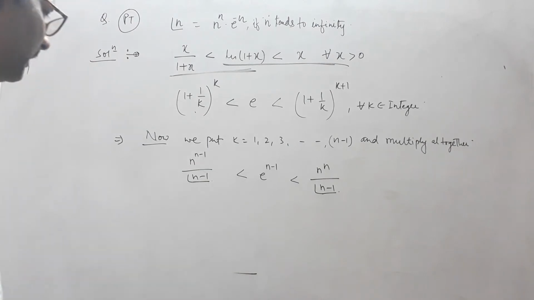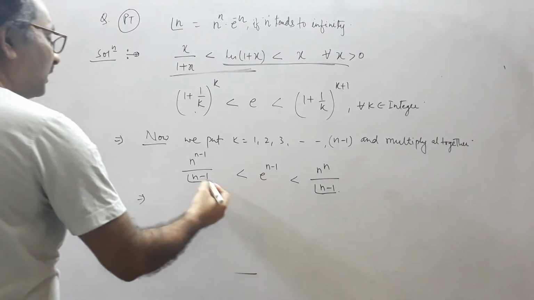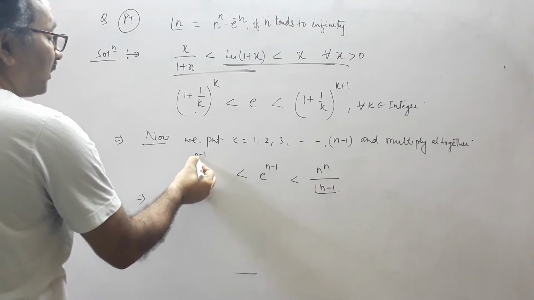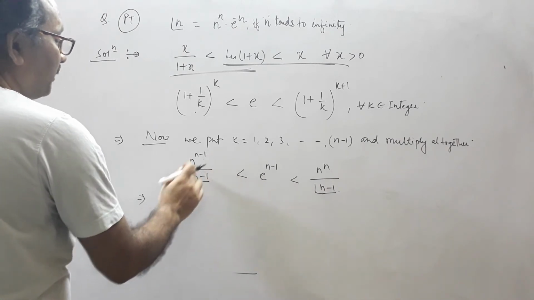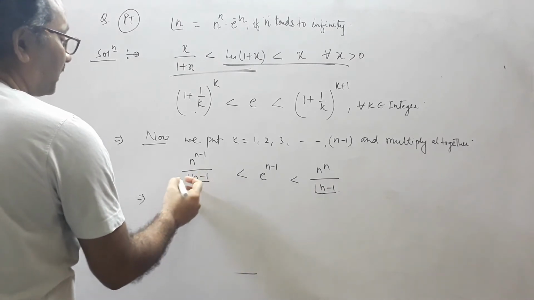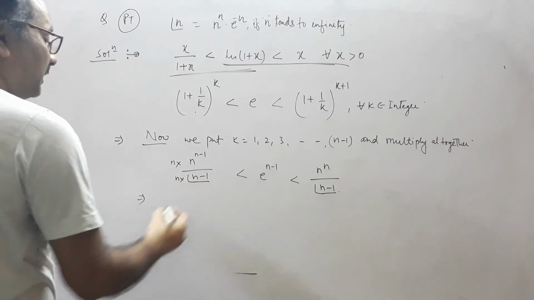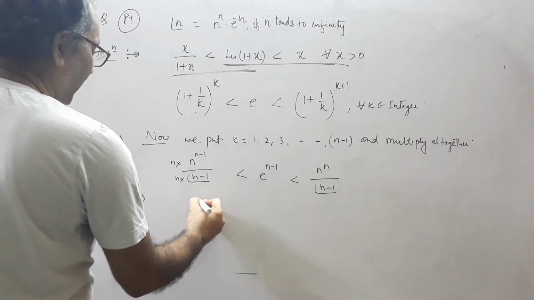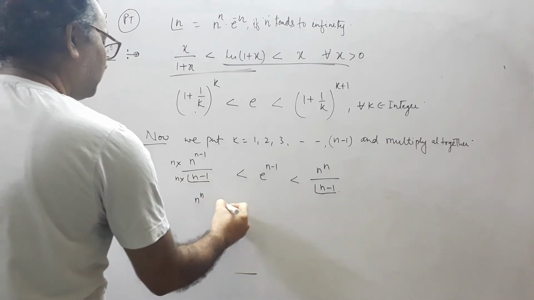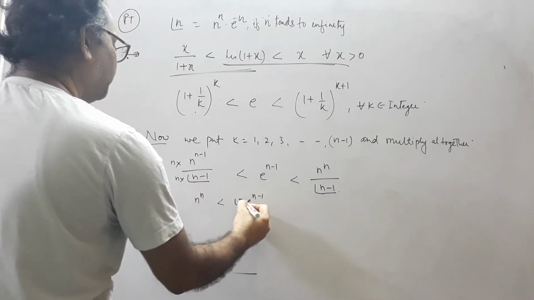Now here, let's see what we shall have. If we multiply the numerator and denominator by n, we shall have n to the power n, factorial n, e to the power n minus 1.